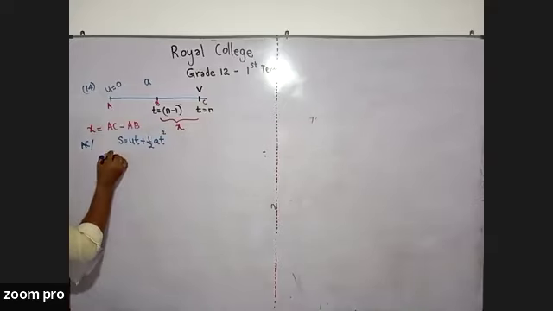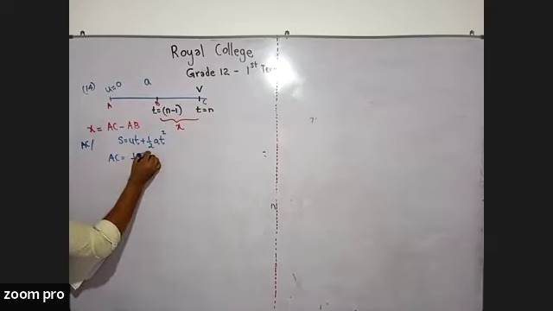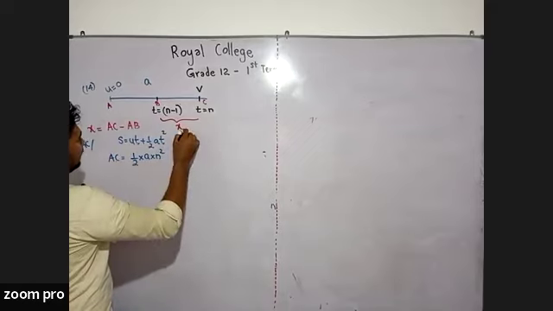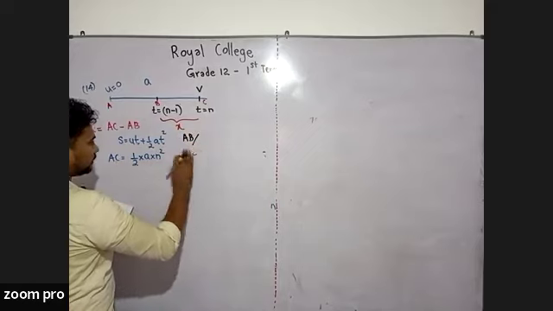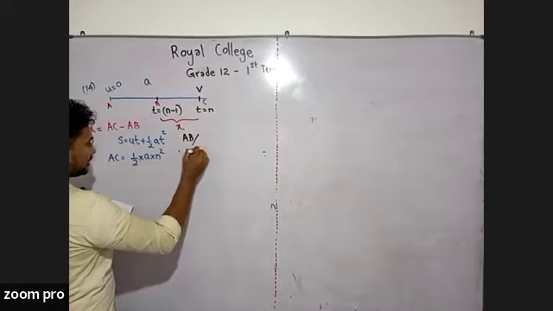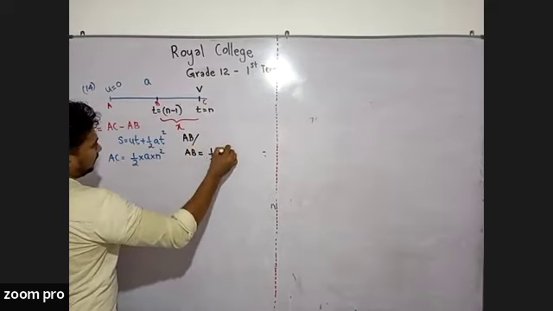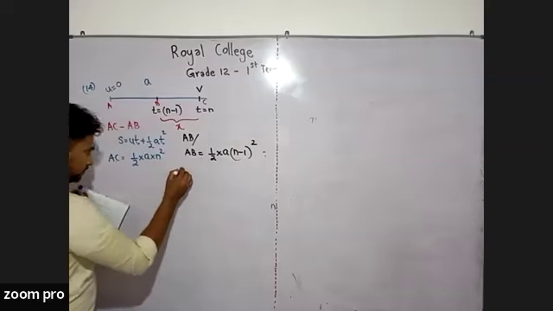Then x equals AC. u should be equal to 0, then half a n squared, right? If I obtain the same equation for AB, then AB equals half a (n minus 1) squared.